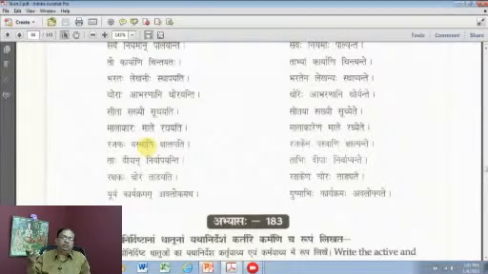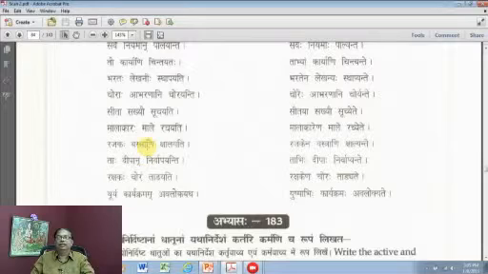So this subhashita comes: rajaka nagna kshapanaka deshe rajakah kim karishyati. If a washerman goes to a place where all the naked monks live, what will he do? He will have no work. Like that, what will the speakers do if there are no audience?